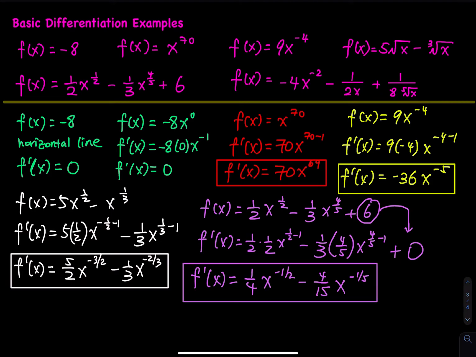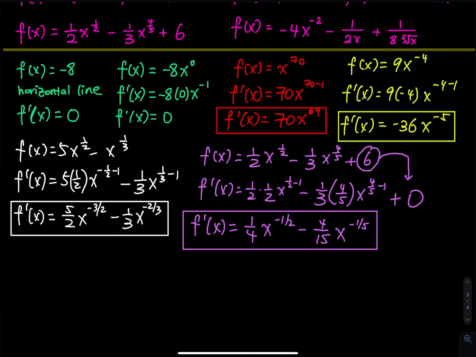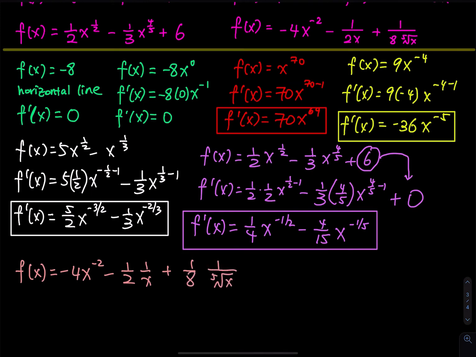All right, last one. So the last one we have, let's put it right over here. We have f of x equals -4 x to the -2. And then do you see that the 1/2x, so that is 1/2 times 1/x, and then the 1/8, 1 divided by the 5th root of x.